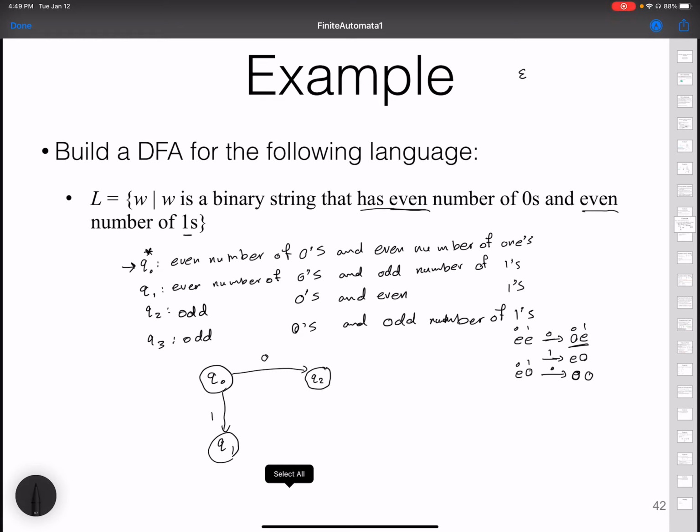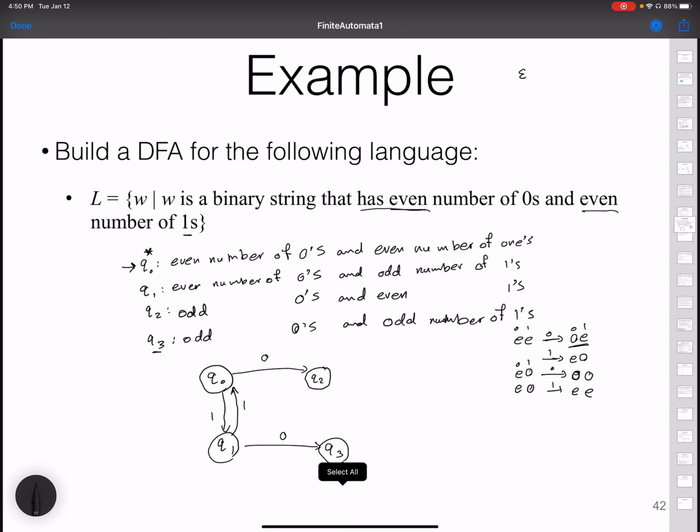Which state is that? This is going to be Q3. So over Q1, by transition over 0, you go to Q3. But if you have even number of zeros and odd number of ones and you see a 1, you will have even number of zeros and even number of ones. So by reading a 1, you go back to Q0.